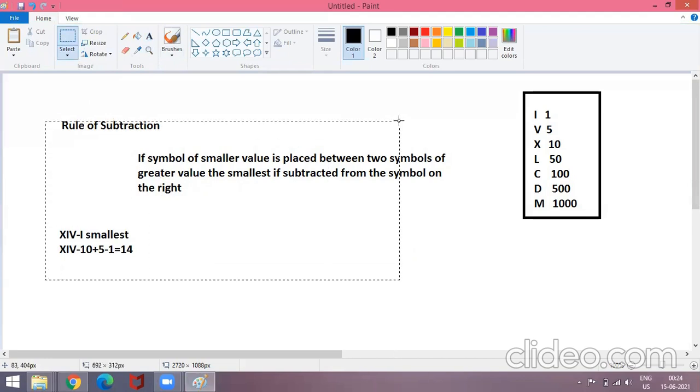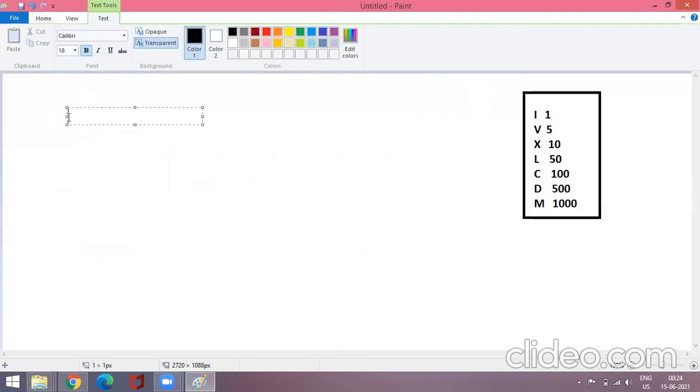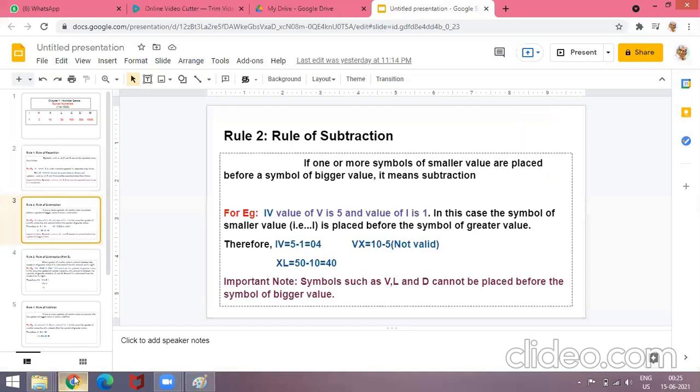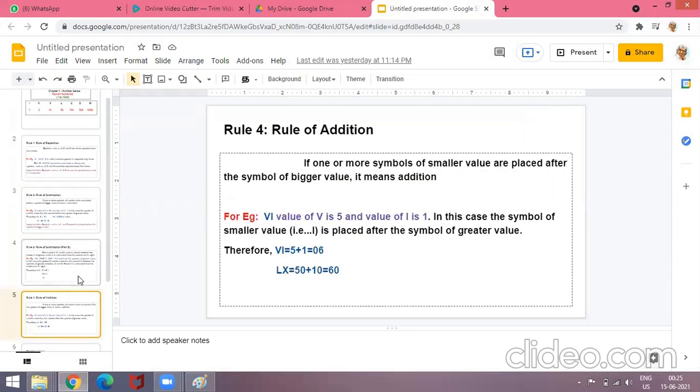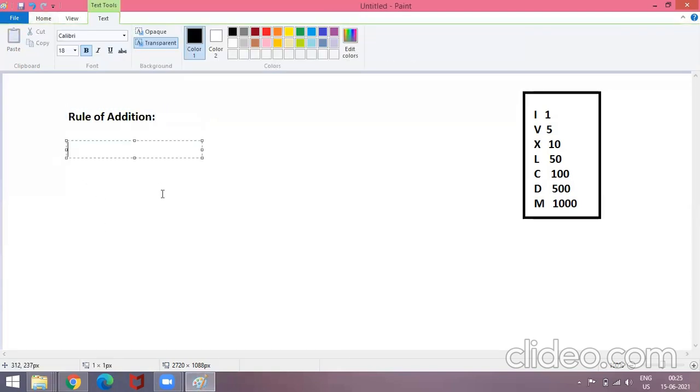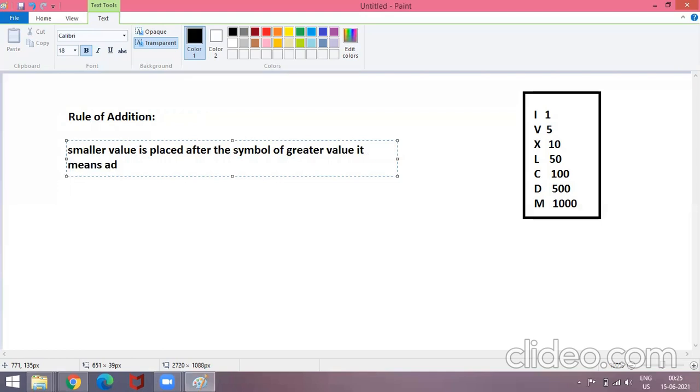The last one will be your rule of addition. If one or more symbols of smaller value are placed after the symbol of greater value, it means addition.